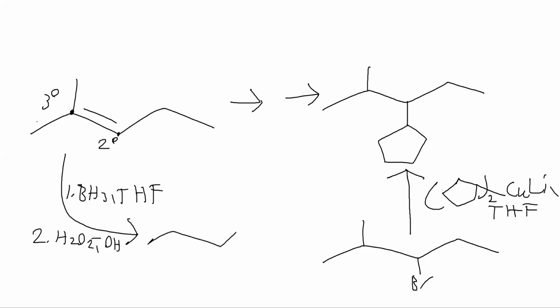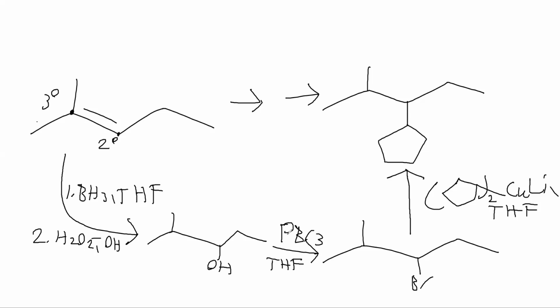That's going to put an alcohol on that anti-Markovnikov position, so we're not quite there yet. But now, how can we convert this alcohol to a bromine? Yep, that's one thing we can do, PBr3 in ether.